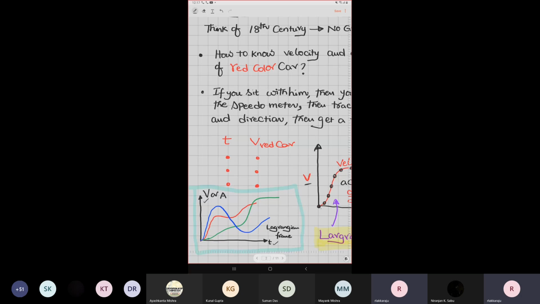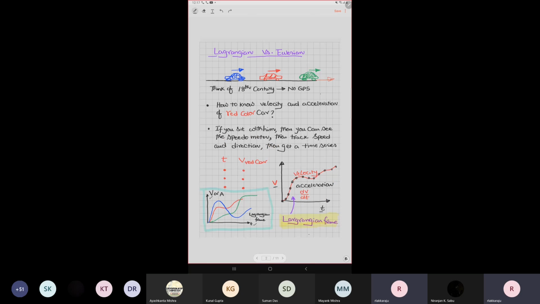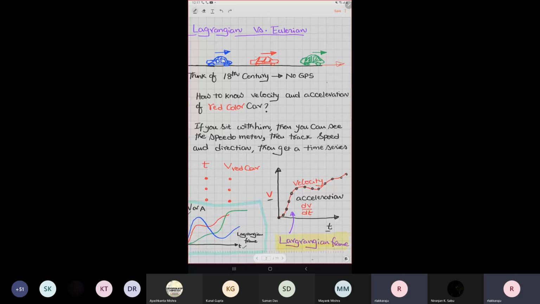Now, if I would like to calculate the acceleration of that particular car, what I have to do is, I already made a time series of velocity with time. So in the time series, I see what is time, what is velocity, what is time, what is velocity, and so on, recorded.